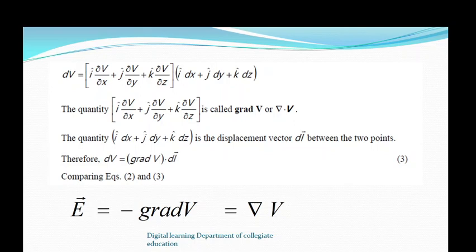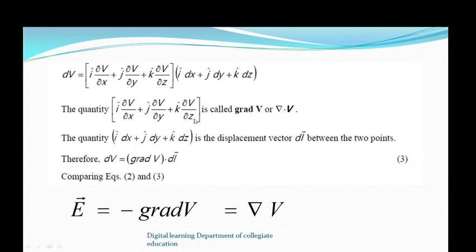If the coordinates of the 2 points are x, y, z and x plus dx, y plus dy, z plus dz respectively, then the potential difference between the 2 points can also be written as i cap dou V by dou x plus j cap dou V by dou y plus k cap dou V by dou z, into i cap dx plus j cap dy plus k cap dz.